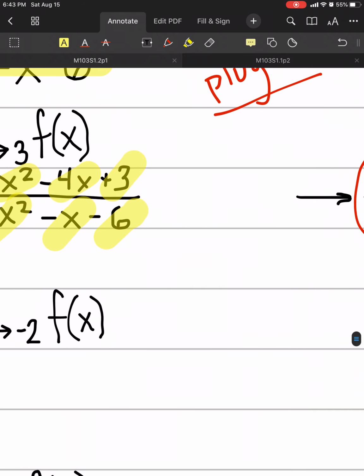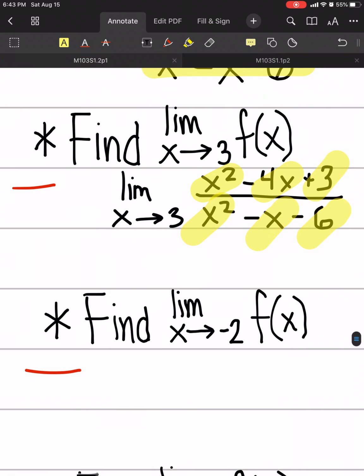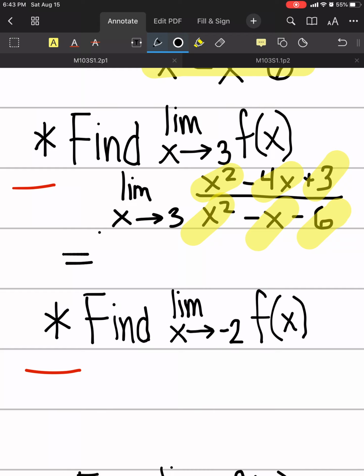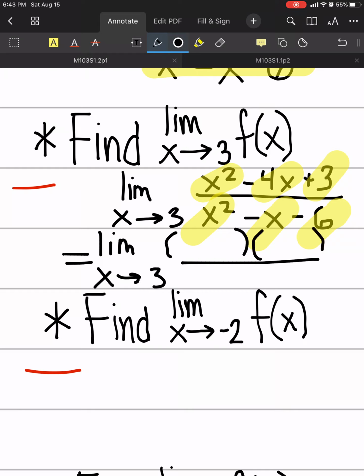Now let me see if I have enough room here. I think I do. Let's go ahead and do it. The limit as x approaches 3. Here you're going to have to go back to your algebra. You have to remember how to factor. So this is like reverse FOIL, remember.